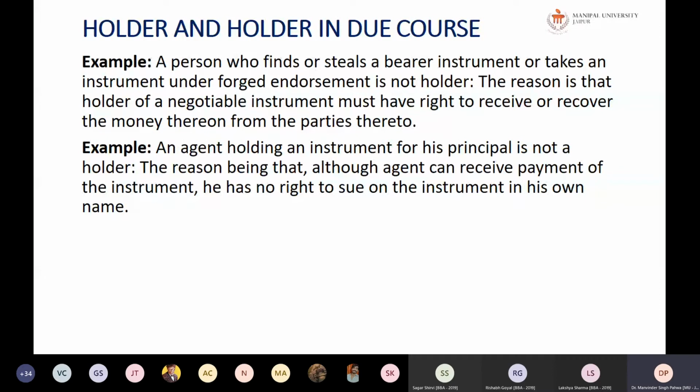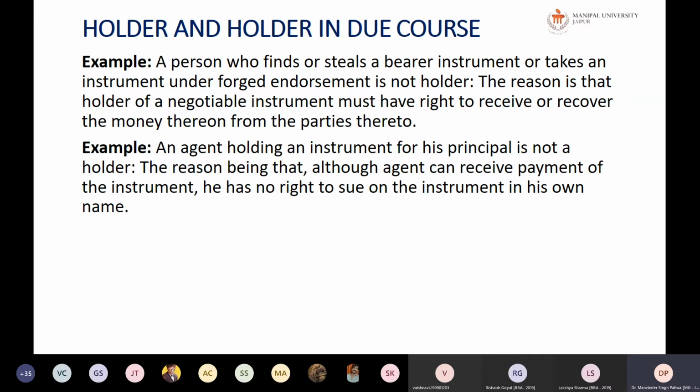Yes, Lakshay Sharma. Vaishnavi Mishra. What do you mean by holder of a negotiable instrument?